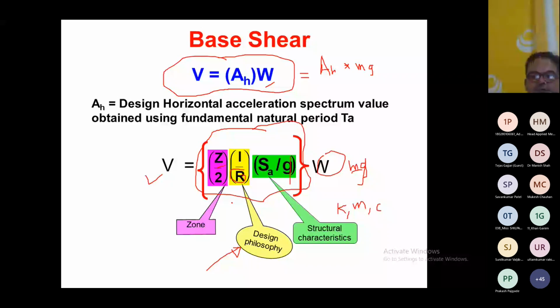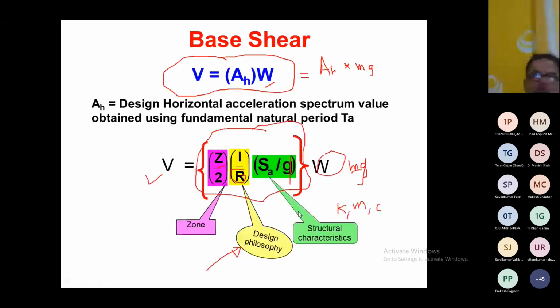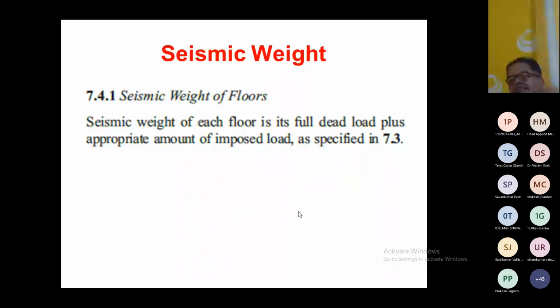So basically, these are the parameters on which this base shear depends: importance factor, zone factor, time period, response reduction factor, damping, and seismic weight, right? Now, we'll discuss the first part, the seismic weight.